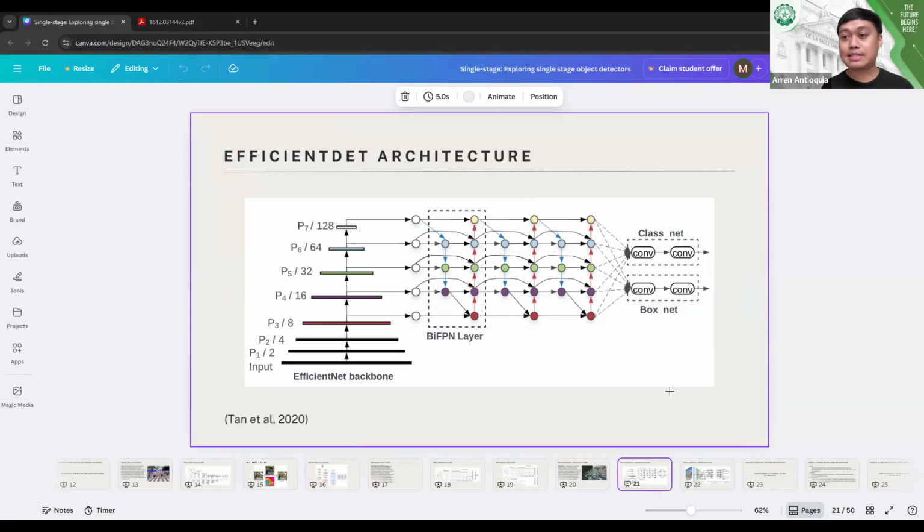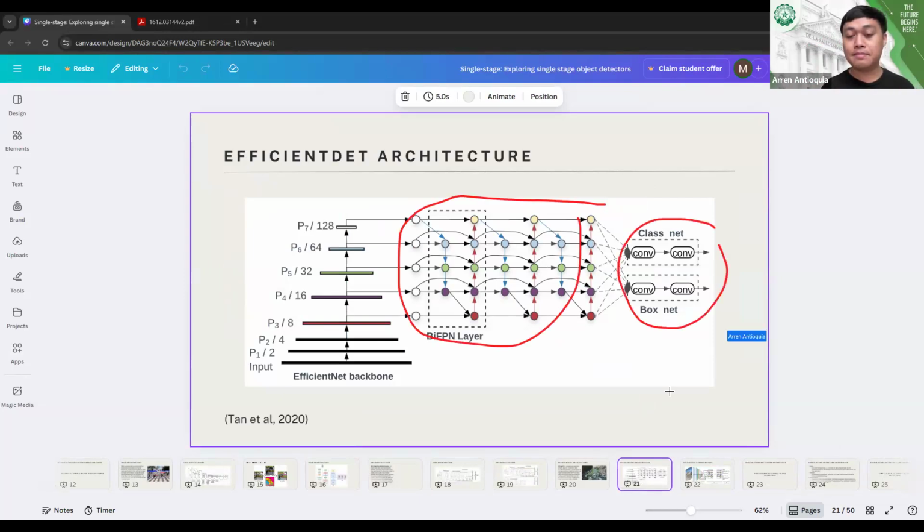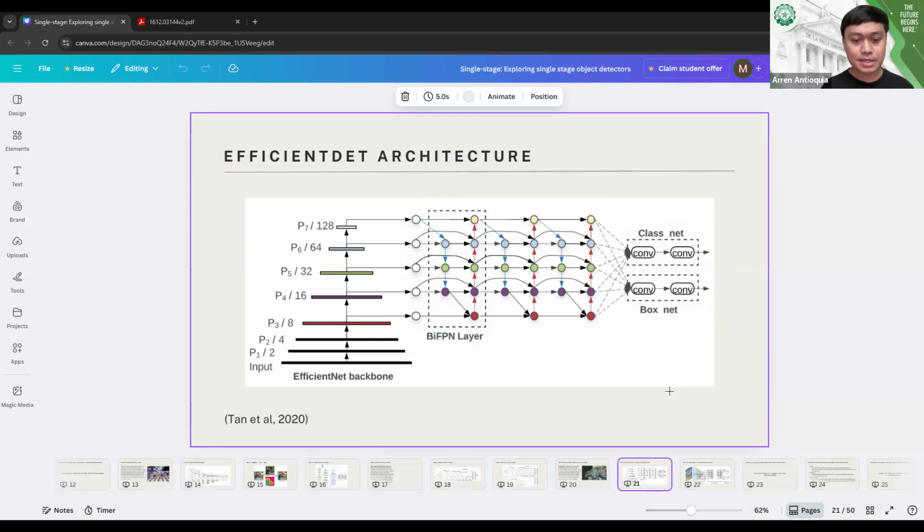Looking at this one, it's an improvement of what we saw in FPN, but the main idea is still this part tries to improve the predictions before you actually predict here. Okay. I do appreciate that question. That's a very interesting question for this lecture.